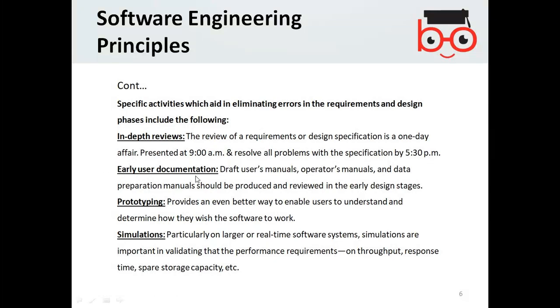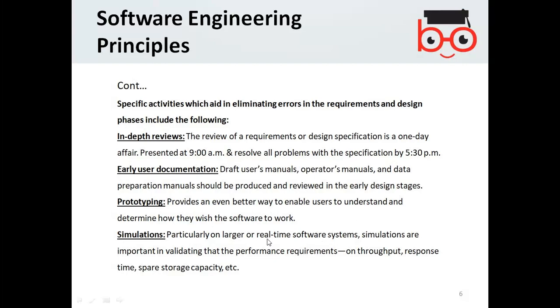Early user documentation will help you identify what important things have to be implemented and in what correct order, and the sequential implementation will help you get it validated. Prototyping gives you a way of using the software for its validation, and simulation is the simulated, imaginary use of software.